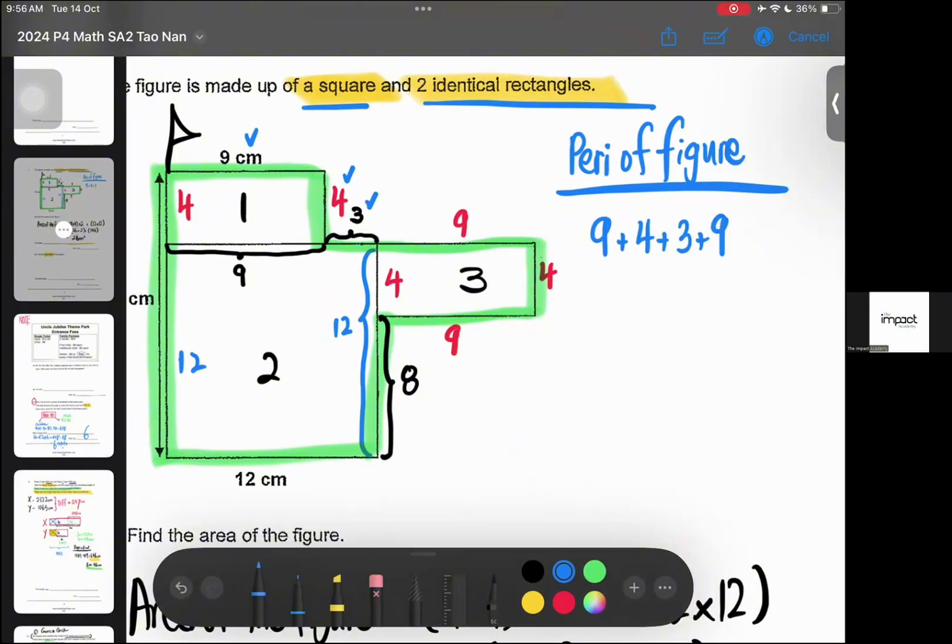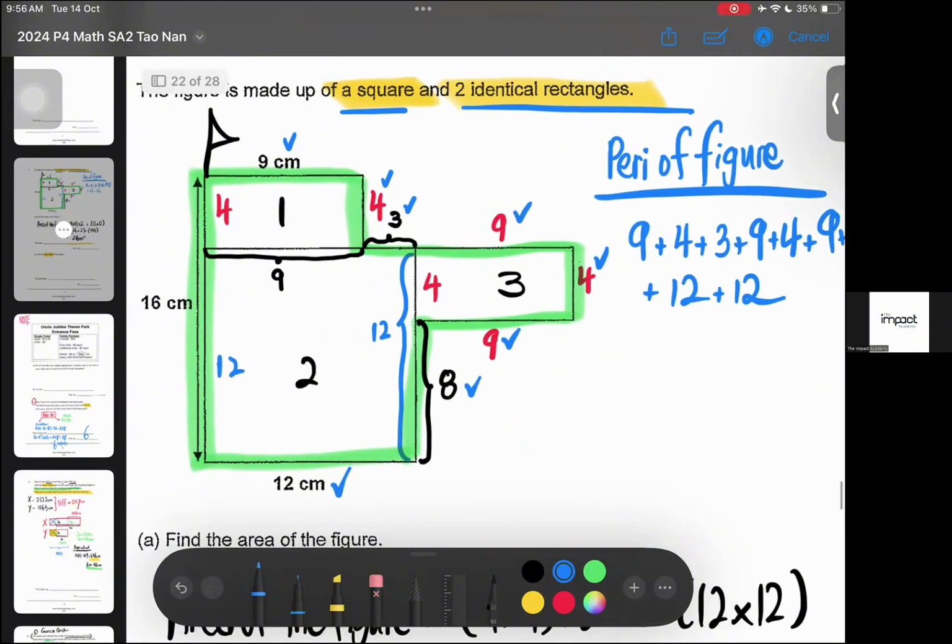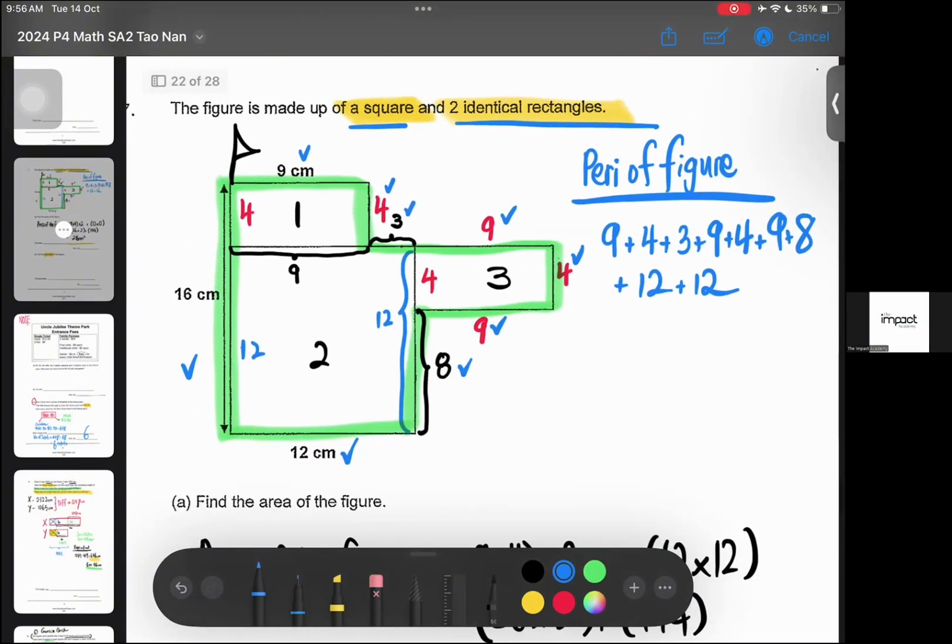Plus 9 plus 4 plus 9 plus 8 plus 12 plus 12 plus another 4. When you add all of these up together, 9 plus 4 plus 3 plus 9 plus 4 plus 9 plus 8 plus 12 plus 12 plus 4, you get an answer of 74 cm. And this is your answer for this question.